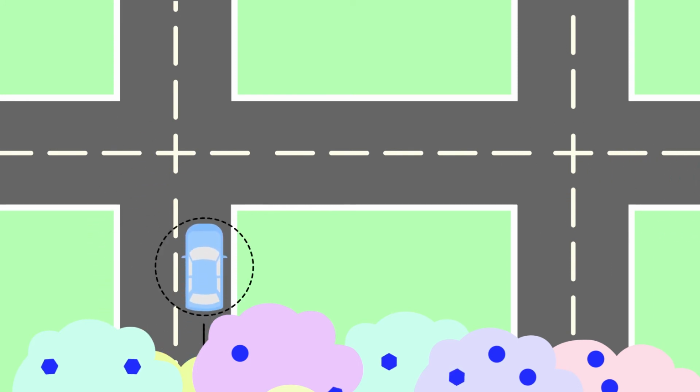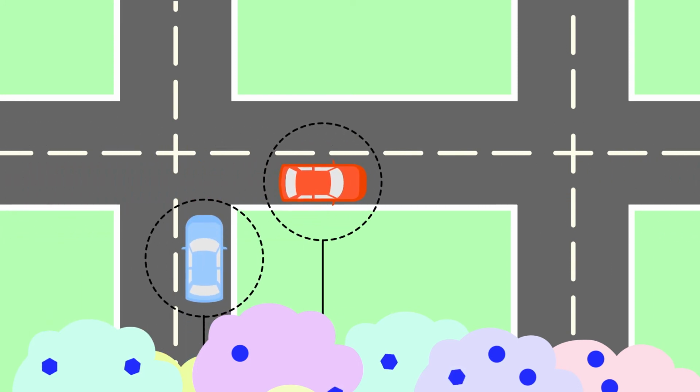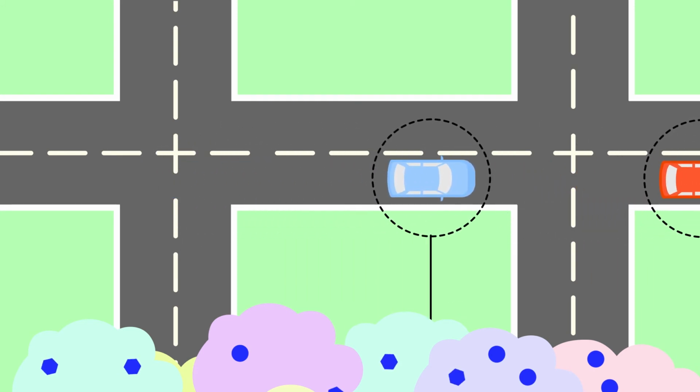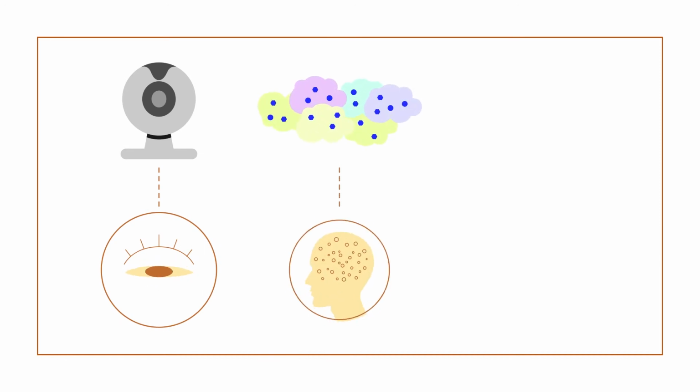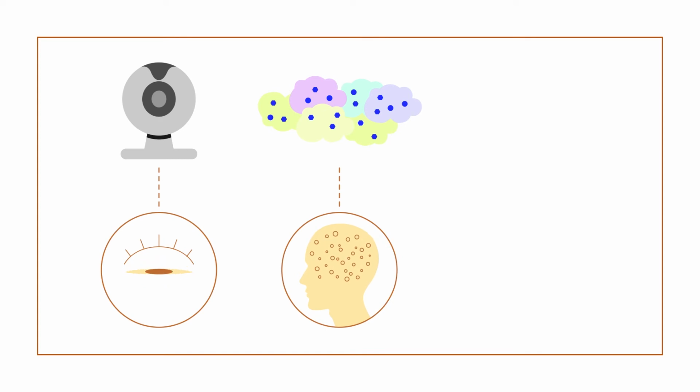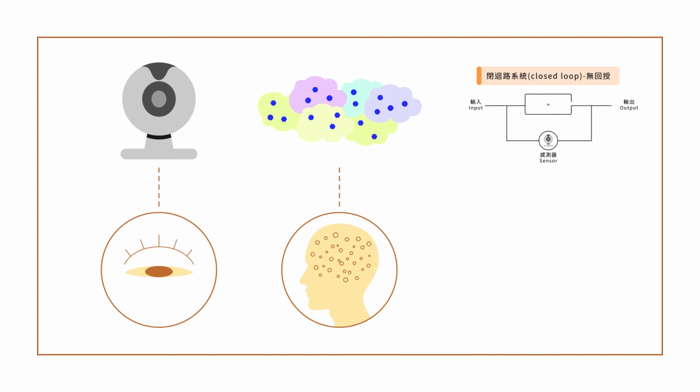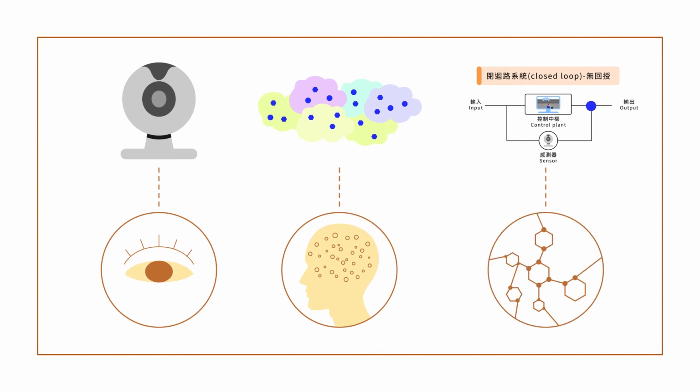This way, even if no one is actually driving, the car is still being controlled and can safely navigate. The sensors can be likened to our eyes, detecting external changes, and the database our brain, making sense of all that's happening. Thus, the feedback system is like our nervous system.